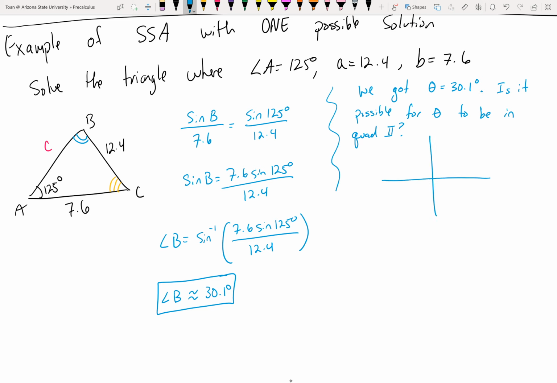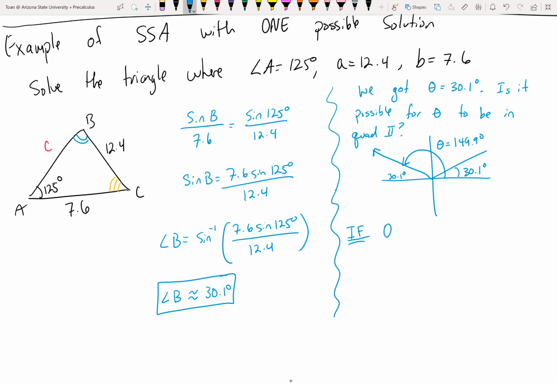If it was in quadrant 2, the theta could be 180 minus 30.1, which is 149.9 degrees.